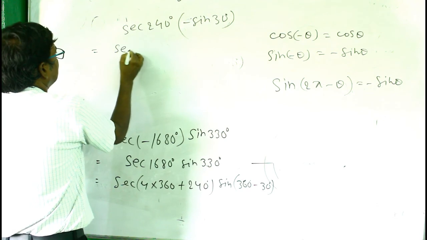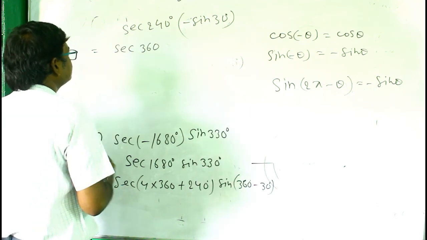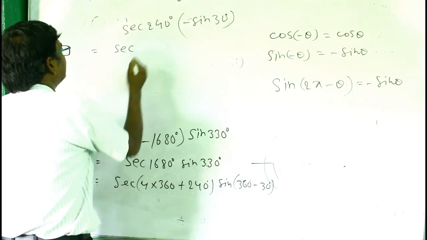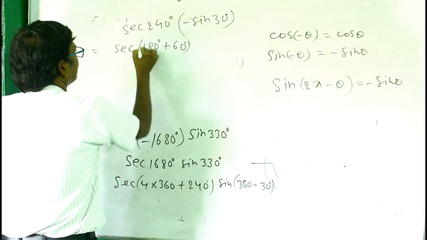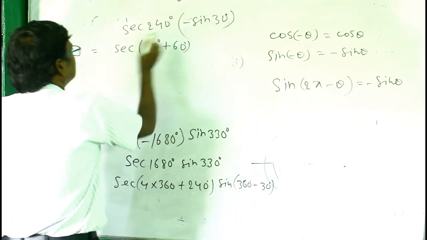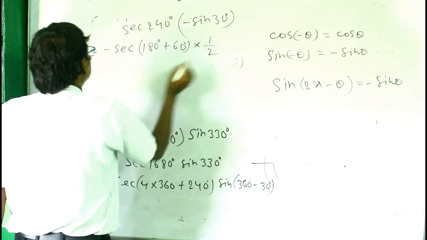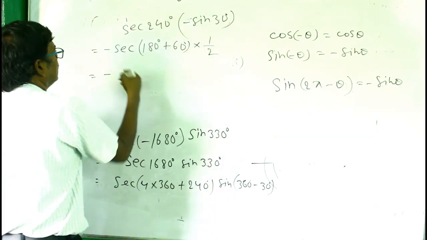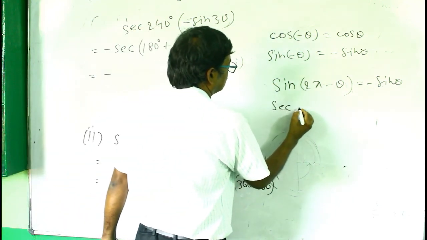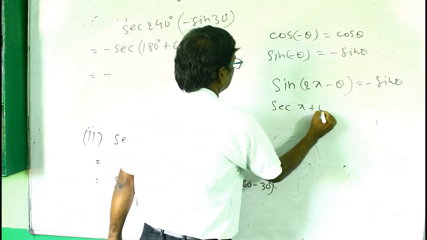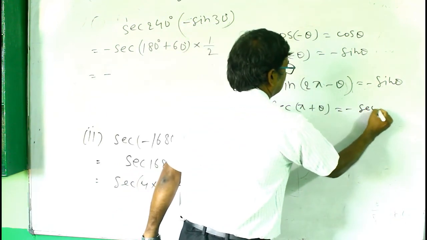Then write sec 240 as 180 degree plus 60 degree. And sine 30 equals 1 by 2, with the minus sign here. Now for sec 180 plus 60, there is a formula: sec of pi plus theta equals minus sec theta.